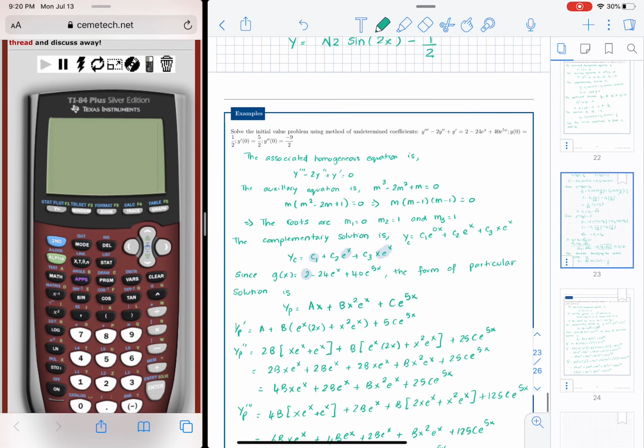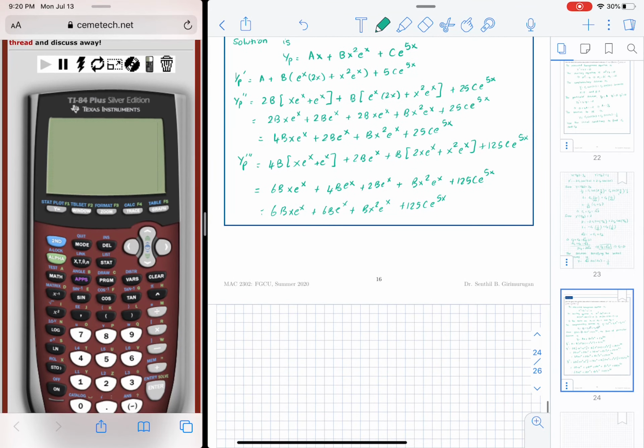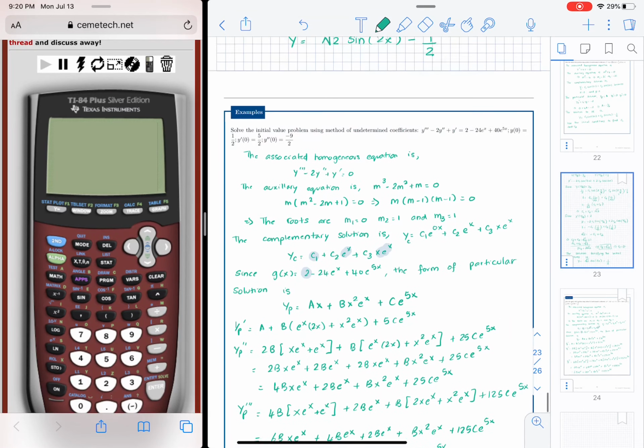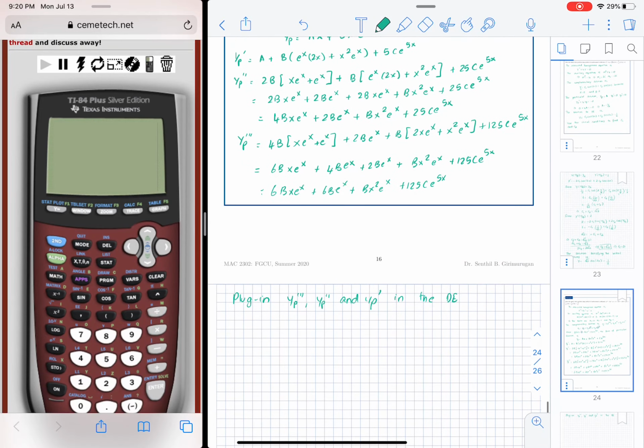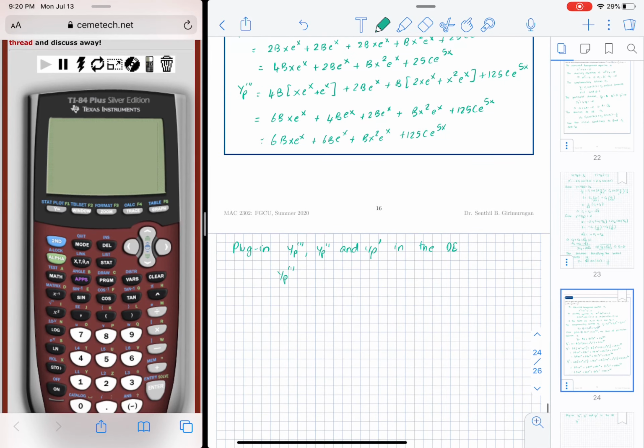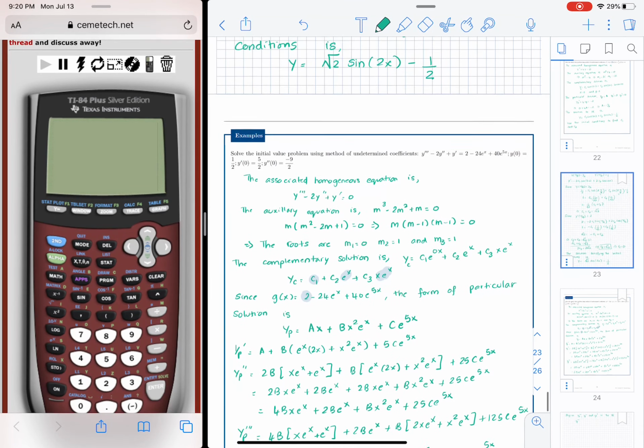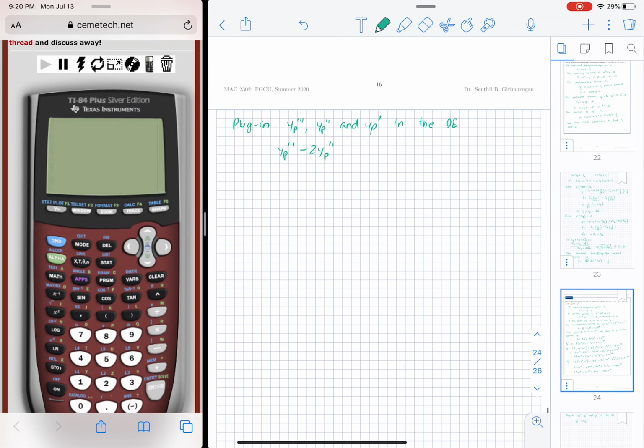Now, we have to plug yp triple prime, yp double prime, and yp prime in the DE, which is yp triple prime minus 2yp double prime plus yp prime.